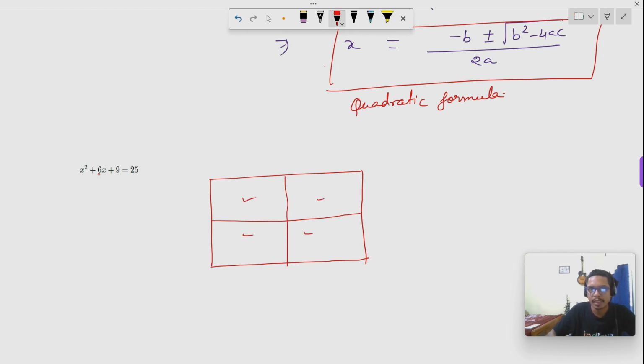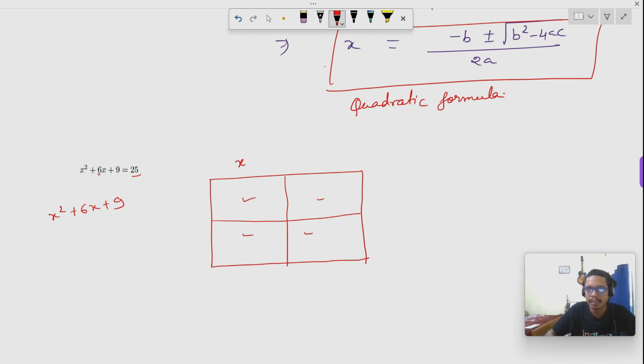As you can see here, if we neglect this part for a moment, then we have x square plus 6x plus 9, and this whole thing could be written as a completed square.